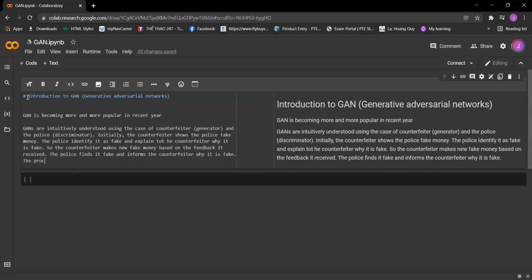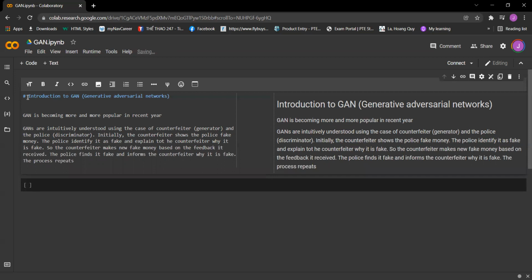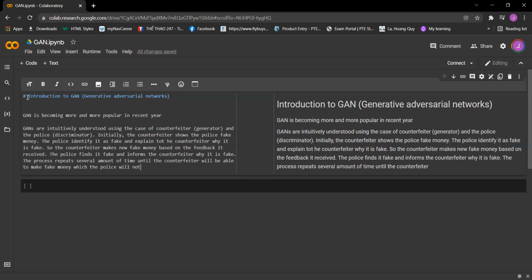So the process repeats several times until the counterfeiter will be able to make fake money which the police will not be able to recognize.